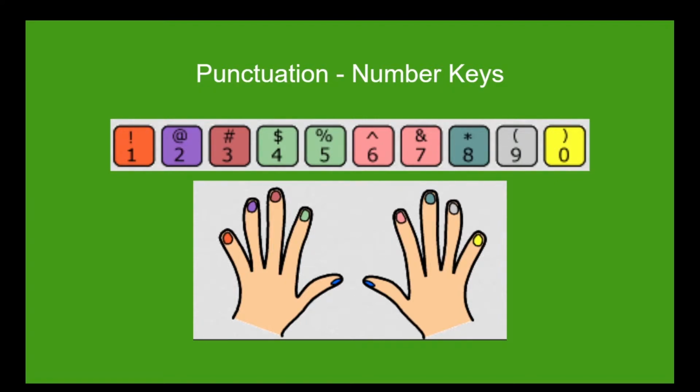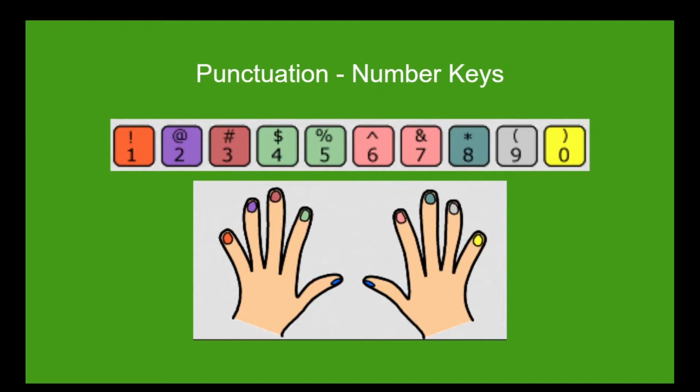On top of number 7, this is the ampersand key, and this is sometimes used in sentences when we want to say and. So for example, when we want to say Jane and Matthew, then we can use the ampersand to replace the word and.